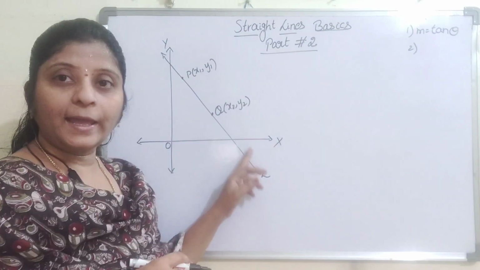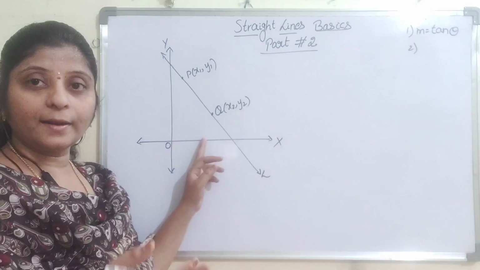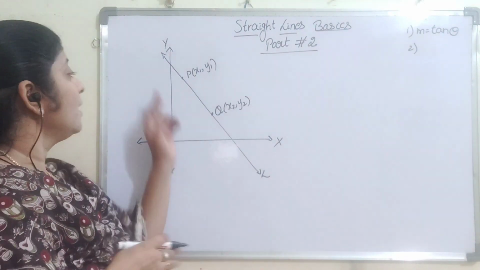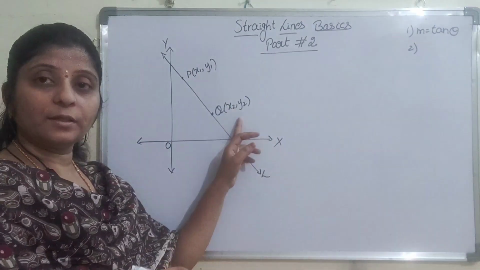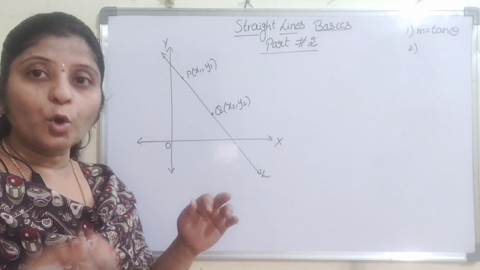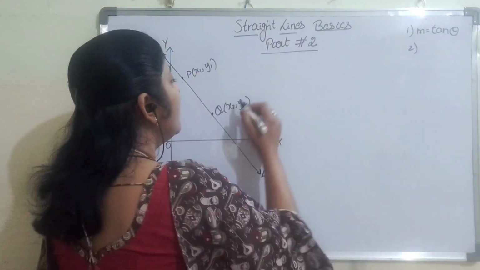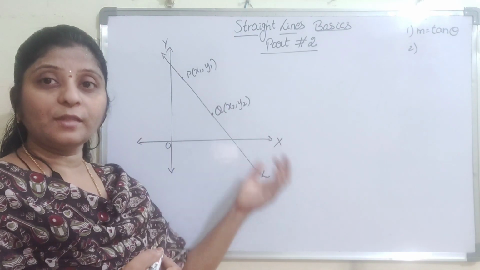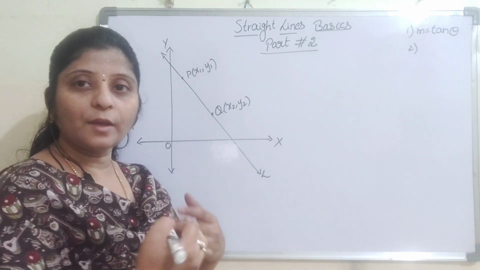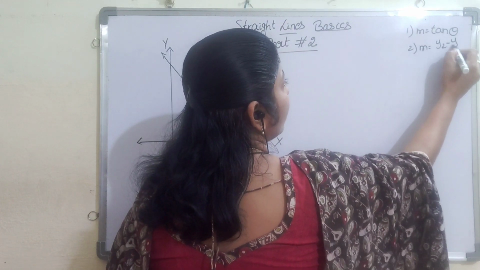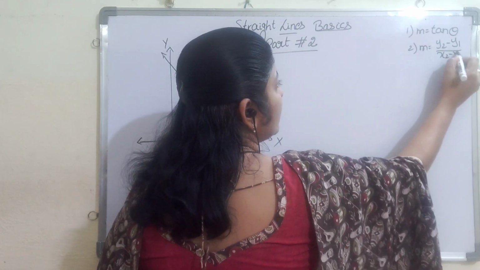If a line is non-parallel, or any line not passing through the origin, passing through two points, then what will be the slope when two points are given? The ratio of the difference of y coordinates to the difference of x coordinates can be written as m equal to (y2 minus y1) by (x2 minus x1).